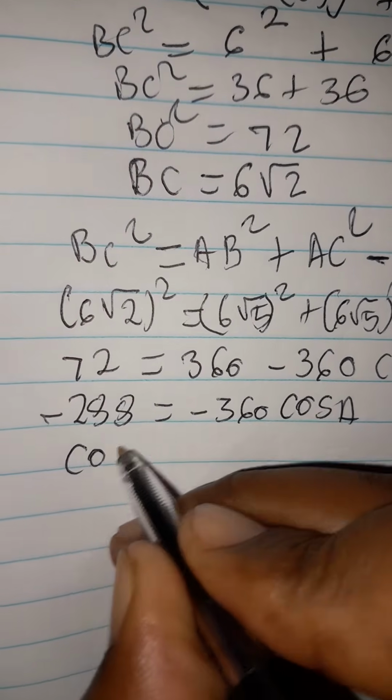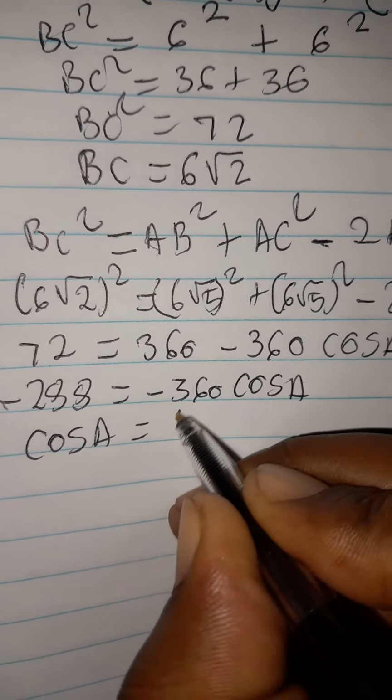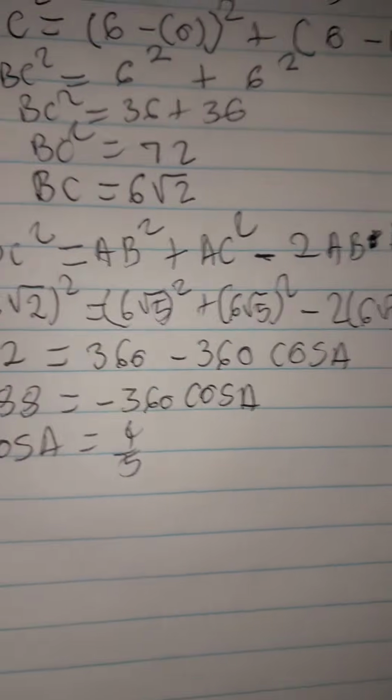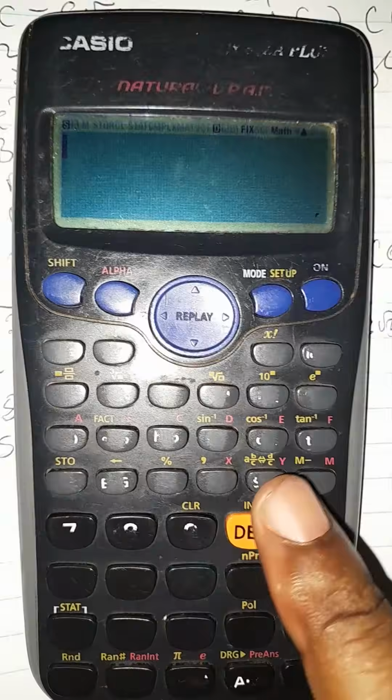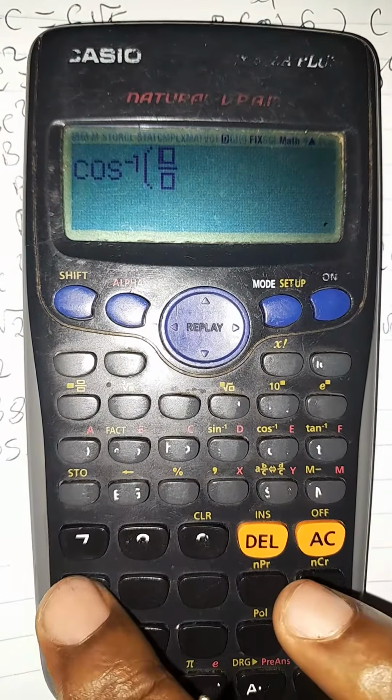So we have cos A equals 4 over 5. Then we use second function, 4 over 5.